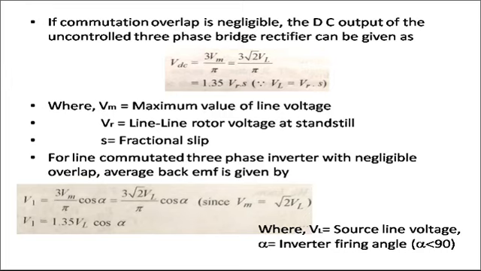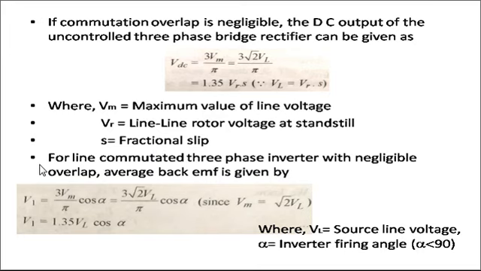If we consider that there is no commutation overlap, the DC output of the uncontrolled three-phase bridge rectifier can be given as VDC equal to 3 Vm upon pi, which is 3 root 2 VL upon pi, or we can say this is equal to 1.35 VR into S, since we know that VL is equal to VR into S, where Vm is the maximum value of line voltage, VR is the line rotor voltage at standstill, and S is the fractional slip.